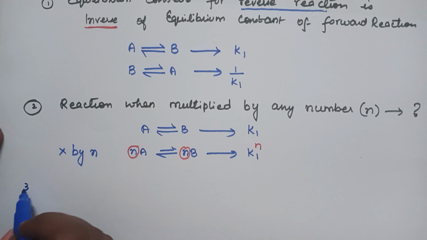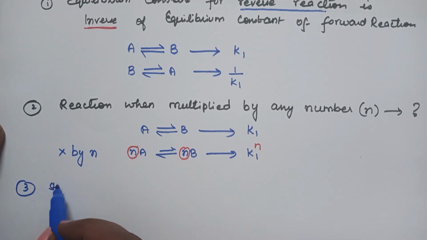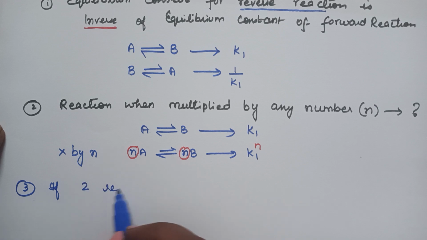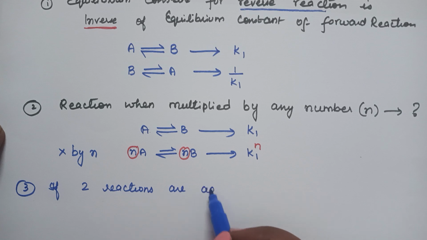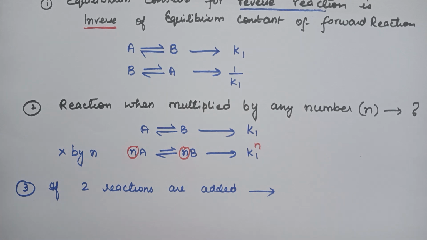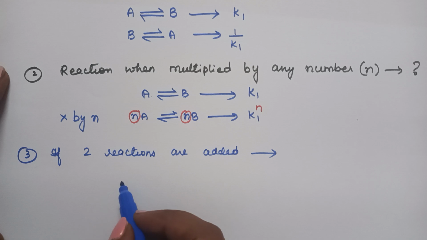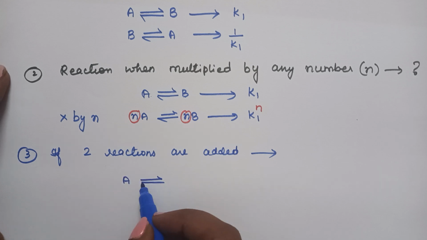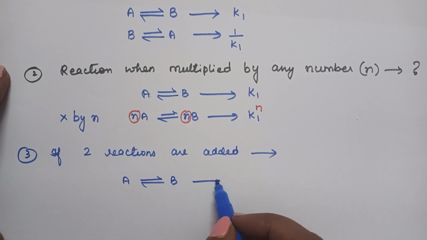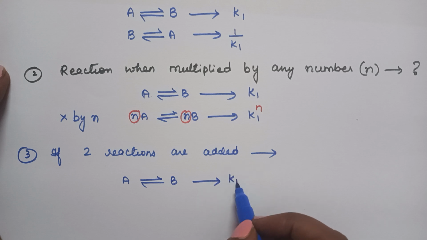Third, if two reactions are added, what happens to the equilibrium constant? So let us take one example. A gives B. So let the equilibrium constant be K1 for this reaction.